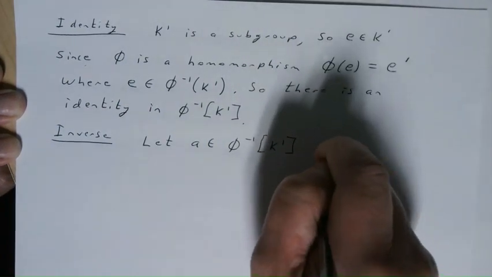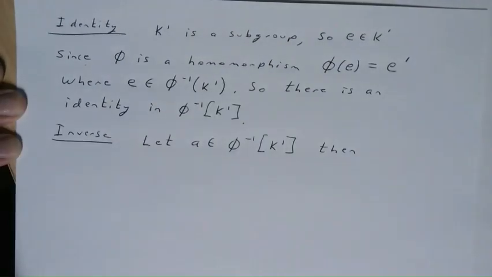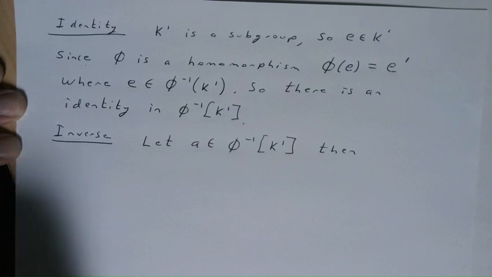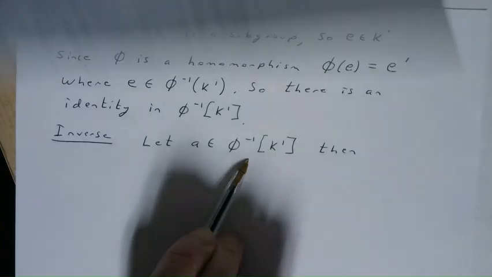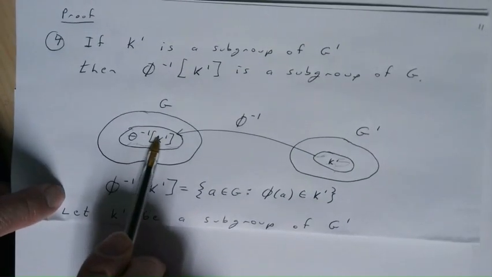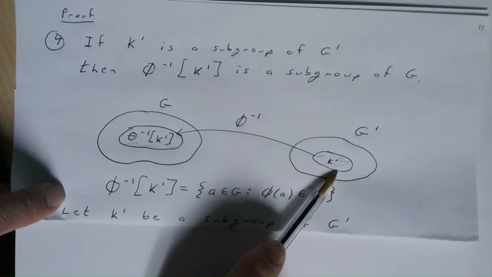Then, what does this mean? That means that if something is in this set, it would have been something that mapped to this set K prime here.